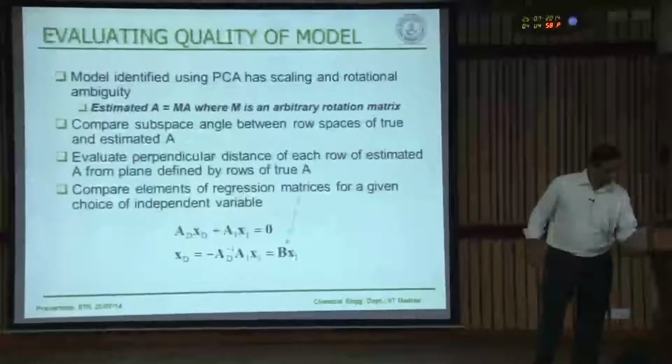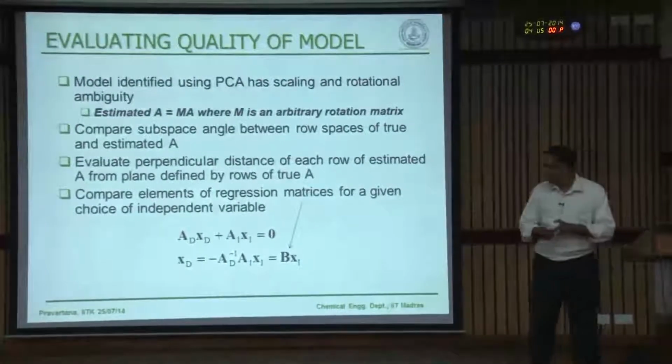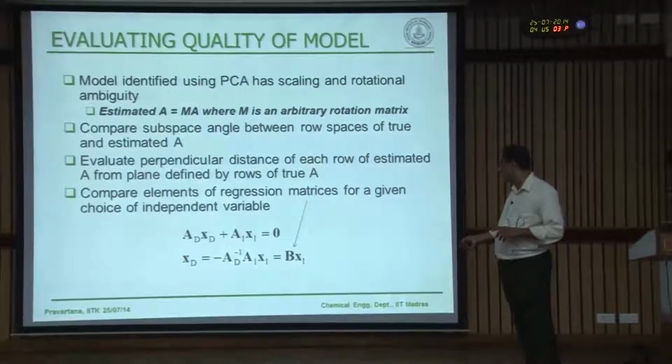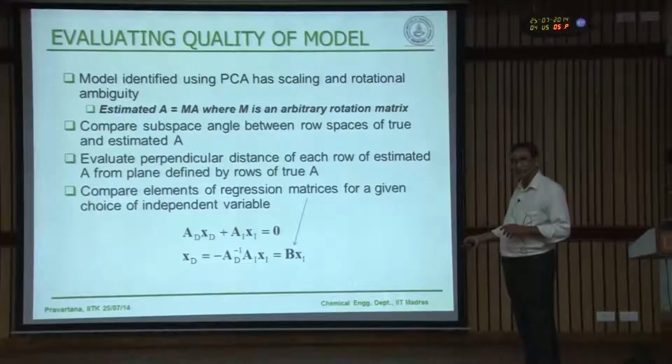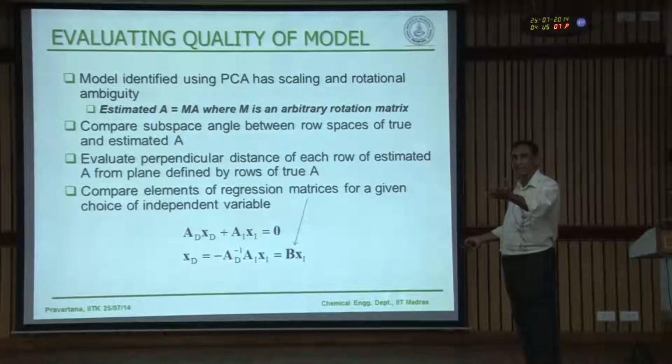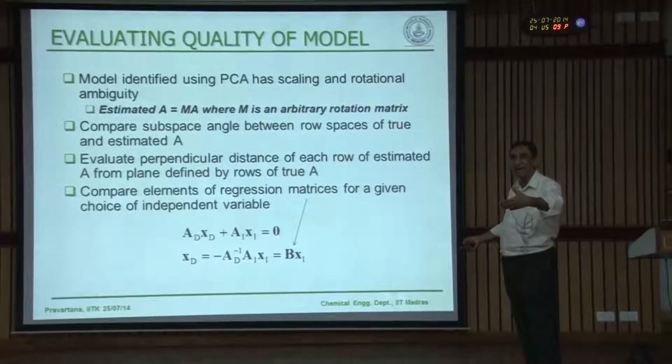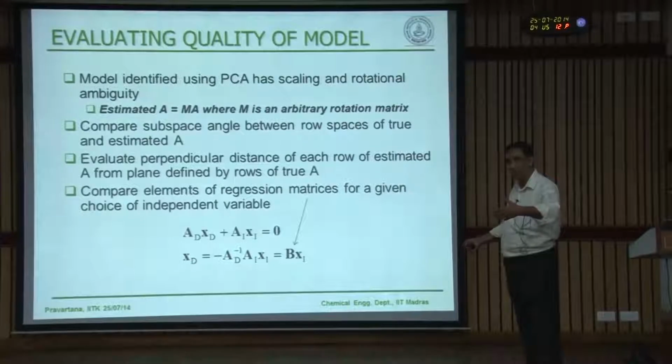What are the dependent variables or independent variables? If we give a set of data and do PCA, is there a measure which will tell us that? I'll show you one step, and it's very clear from the way it's written. This step shows how, when you take independent variables from the set of variables, after you have found the implicit form of A, you want to convert it into this form.